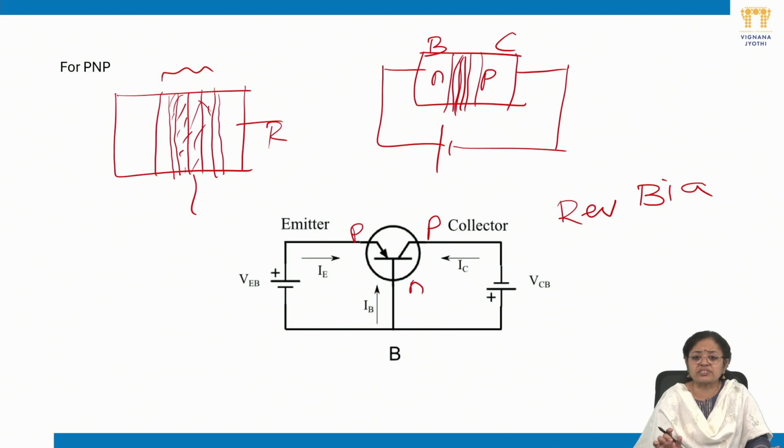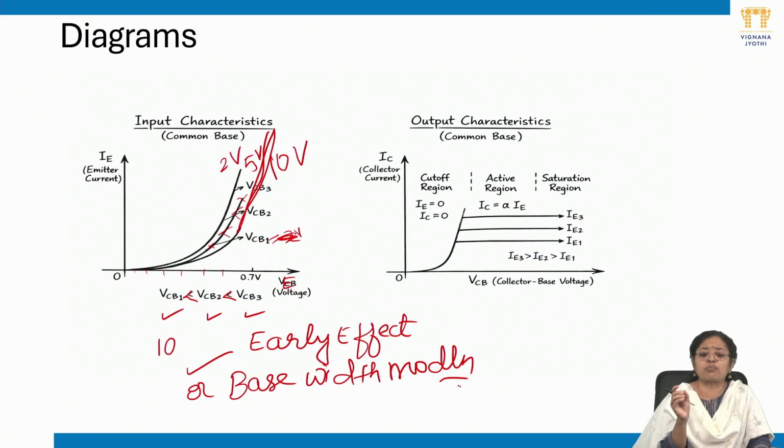The reverse bias extends the depletion layer into the base, hence the width of the base reduces. This is nothing but modulation of the base width depending upon the reverse bias at the CB junction, hence it is called base width modulation. This is going to bring the curves nearer.